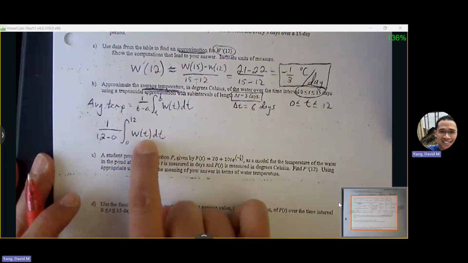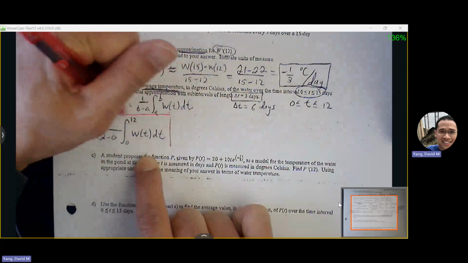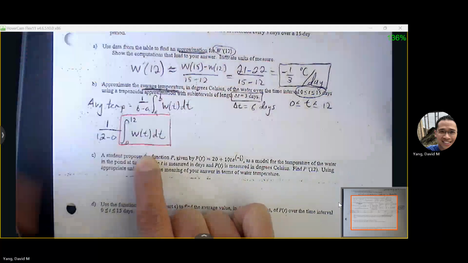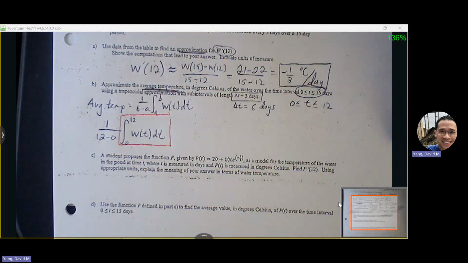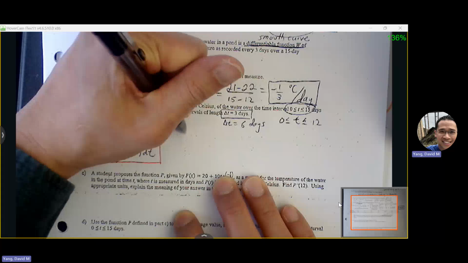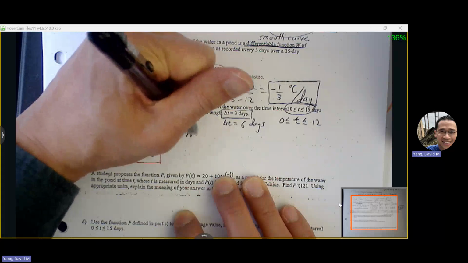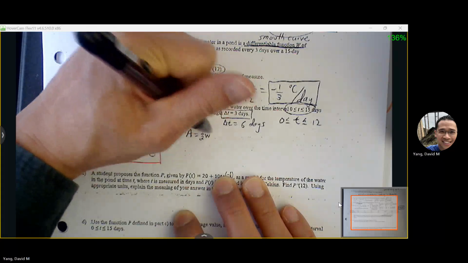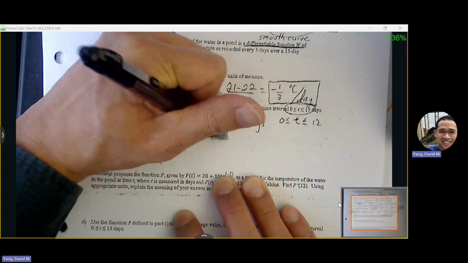But we're not going to have a formula to plug in. We're going to use trapezoids to approximate this region using the table of values. So we'll do two trapezoids. We know that a trapezoid's area is 1/2 width, height 1 plus height 2.